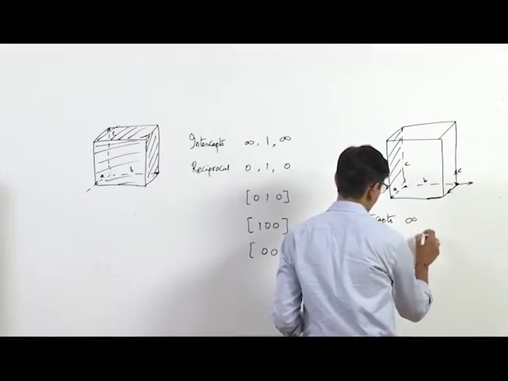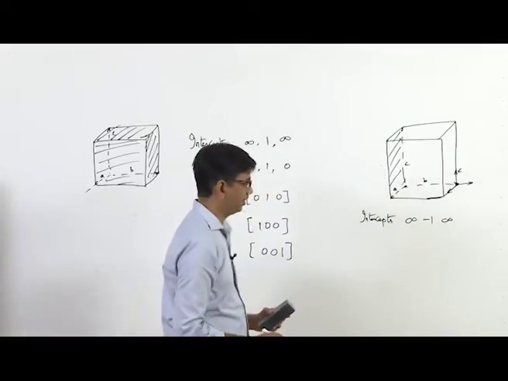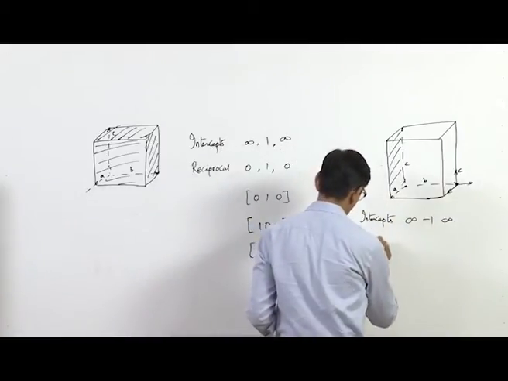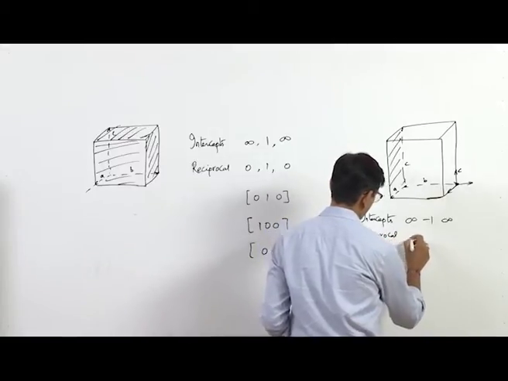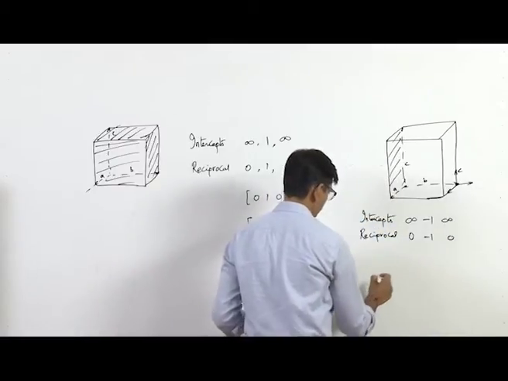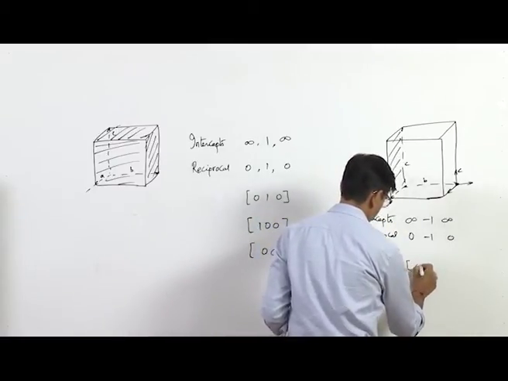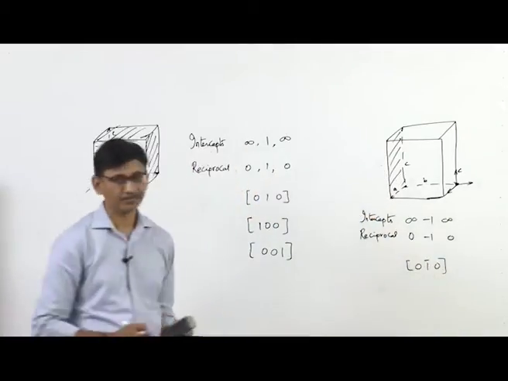It will be infinity, -1, infinity, and then I will take the reciprocal, so it becomes 0, -1, 0. So my indexing will be 0, bar 1, 0.